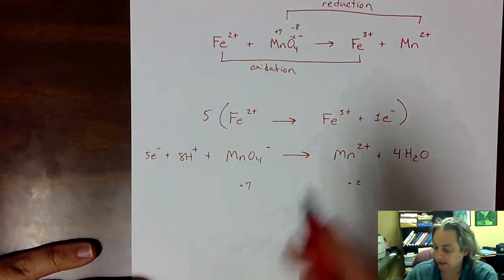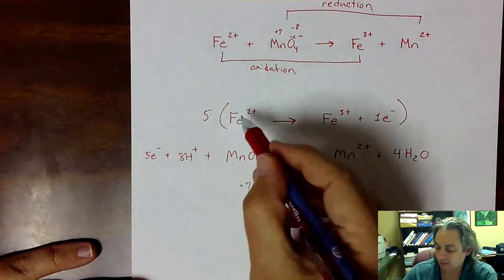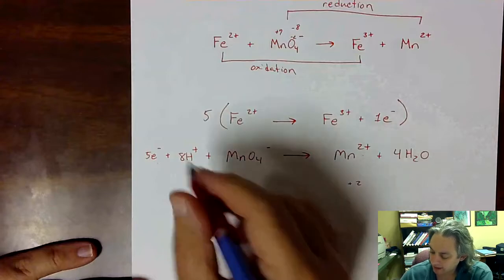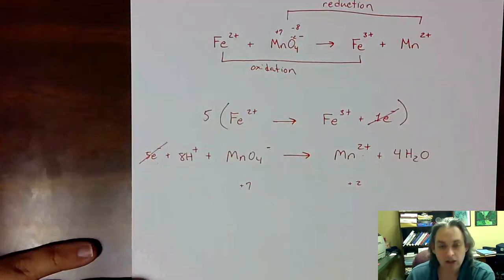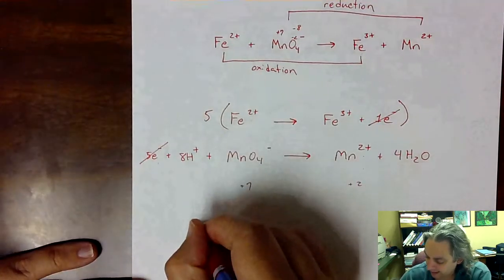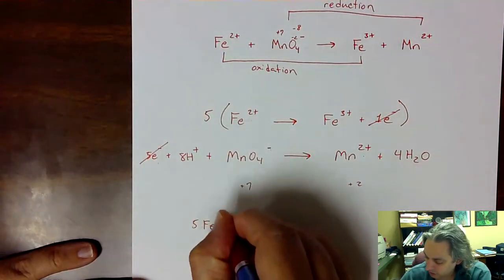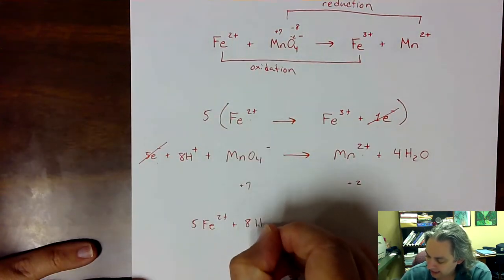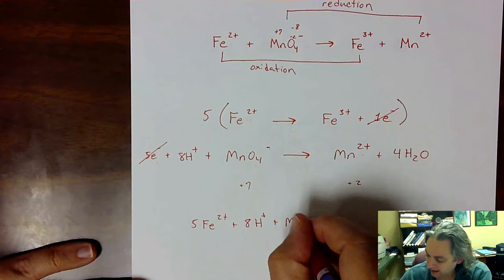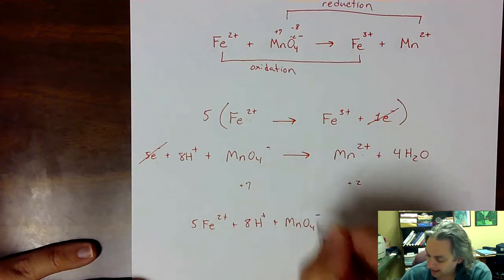So let's go ahead and do that. And we're going to just combine all the reactants. And we can go ahead and cancel out the 5 electrons because they're on both the reactants and the products. So we have 5 Fe2+, we have 8 H+, and MnO4-.